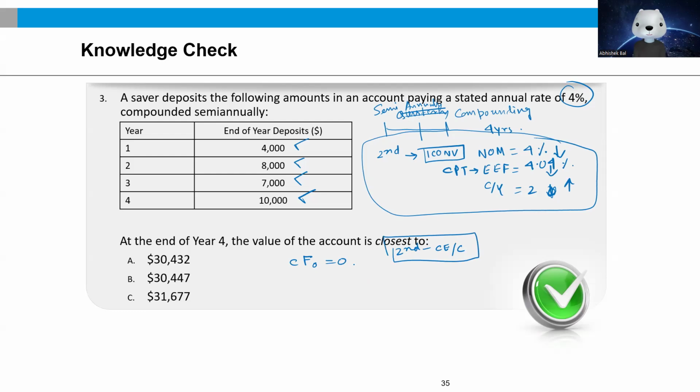Your worksheet is fresh. Press the down key and you're going to default to C01, key in the value of 4,000. Press the down key again, ignore the F01, which is the frequency. C02, feed in 8,000.